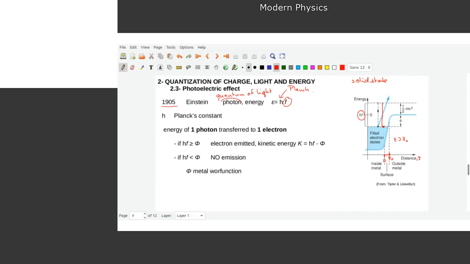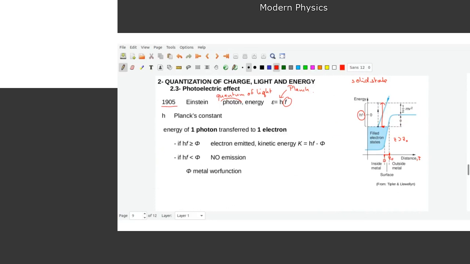It had initially this energy and now it has this one. So part of it was used, this one is what we call phi, the work function. It is used for the electron to get rid of the attraction of the other charges in the material.